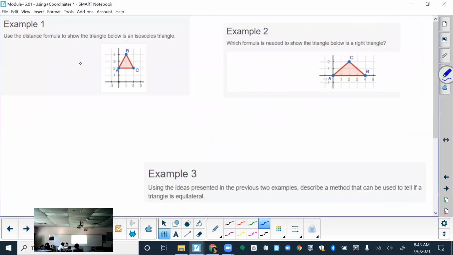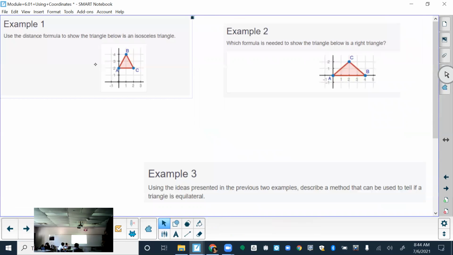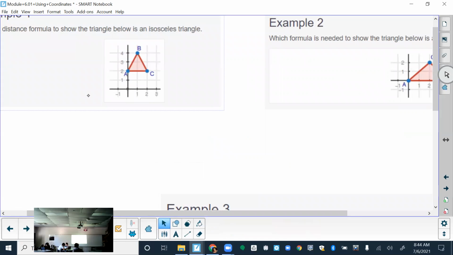All right, so over here, example 1, using the distance formula to determine if it's an isosceles triangle, to prove that it's an isosceles triangle. I guess that's the biggest I can make it. To prove this is an isosceles triangle, we already established that we need to use the distance formula.